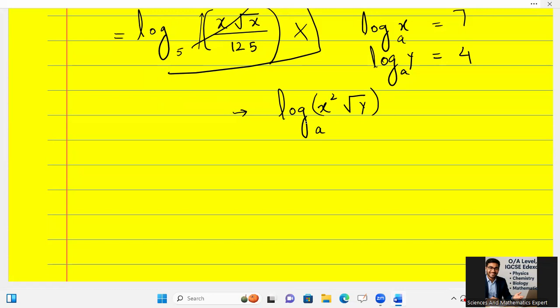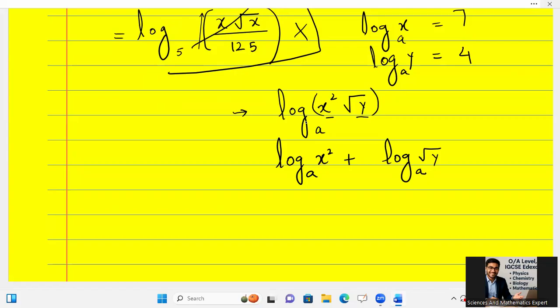Let's go for x square first, because x square and under root y are being multiplied. I'm just applying the addition of logarithms: log x square to the base a plus log under root y to the base a.